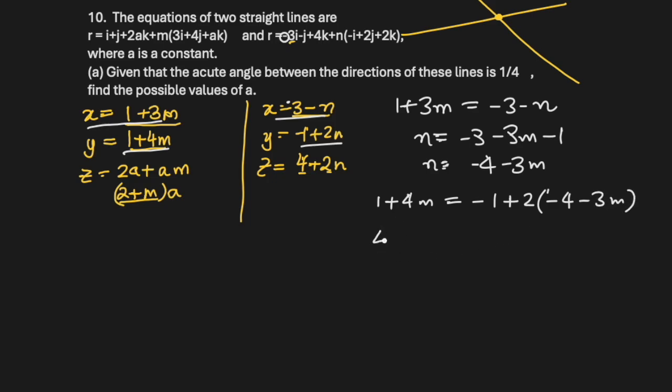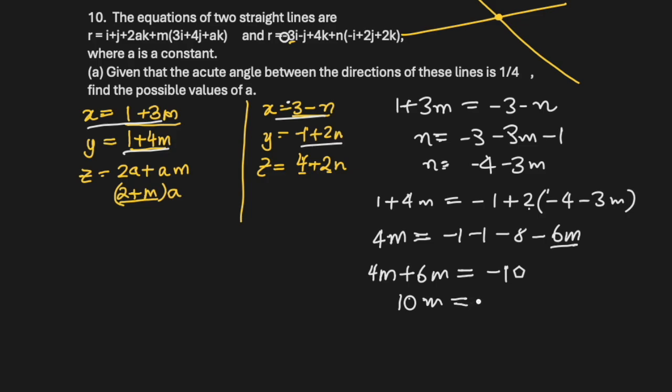So let's keep 4m here and bring this 1 to the other side, so besides this minus 1 there will be another minus 1, and then 2 times minus 4 is minus 8, 2 times minus 3m will be minus 6m. So let's bring this minus 6m to the other side, so 4m plus 6m equal to minus 10, and 10m, sorry for this, equal to minus 10.